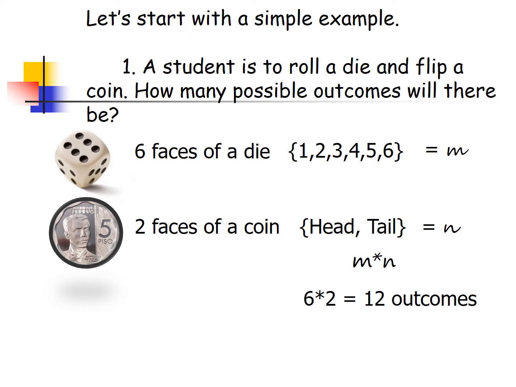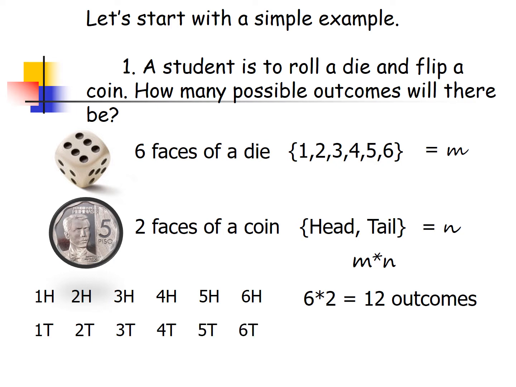So, pag niroll ko pala yung die at na-flip ko yung coin, makakakuha ako ng 12 outcomes. Ano yun? Siyempre, so, pwedeng lumabas yung 1 head, 2 head, 3 head, 4 head, 5 head, 6 head. So, may 6 na ako. Or, siyempre, pag may head, may tail din. So, pwede rin lumabas ang 1 tail, 2 tail, 3 tail, 4 tail, 5 tail, 6 tail.